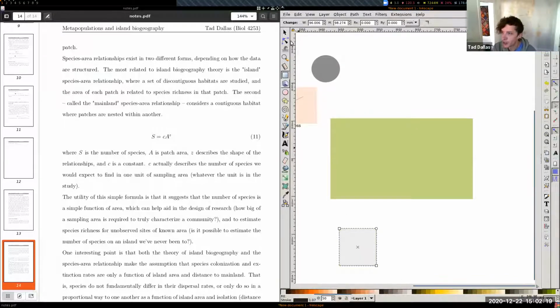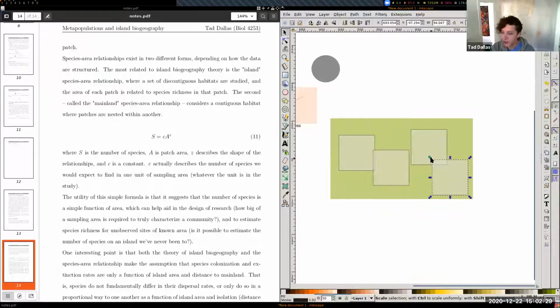And so it says that if I were to drop this randomly and subsample, and then do that a bunch of times, I could build up. The larger my sampling square was, the more species that I would sample, right? That's what this presupposes.